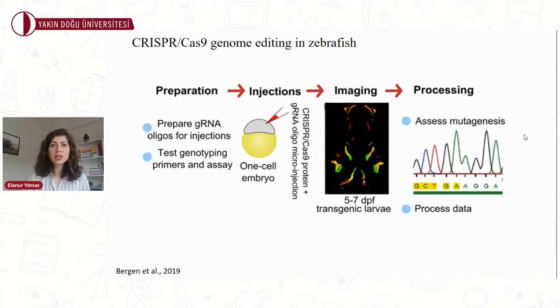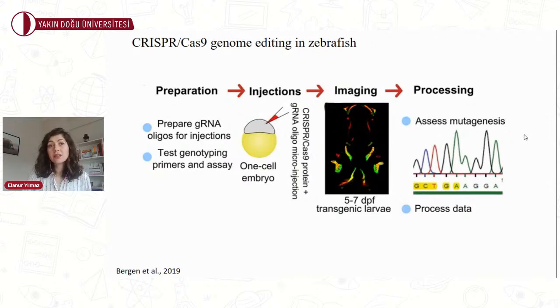The overall mutagenic efficiency is typically high, around 25 to 80% with fragment analysis. And if you use transgenic lines carrying fluorescent proteins, for example, you can check these fluorescent proteins under the microscope.